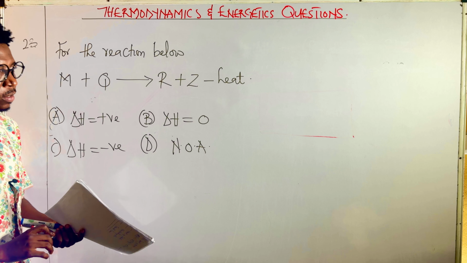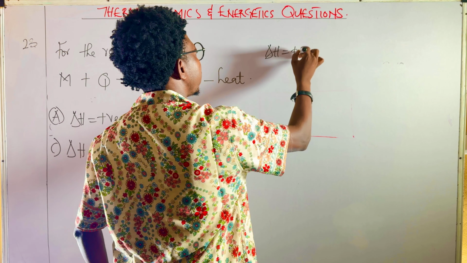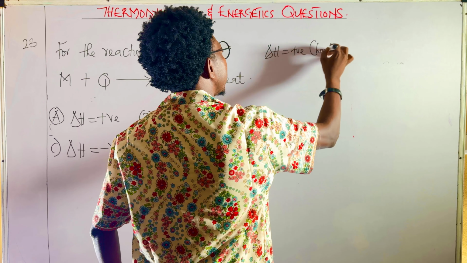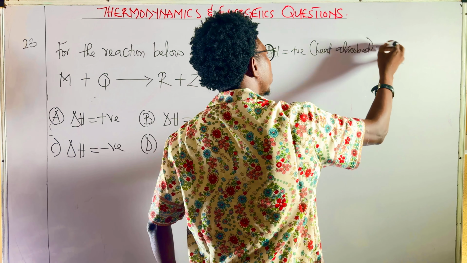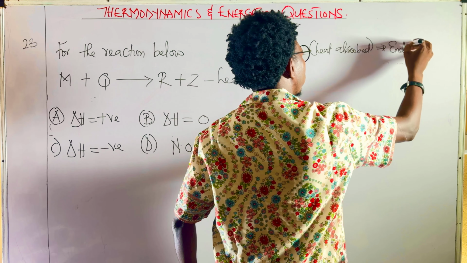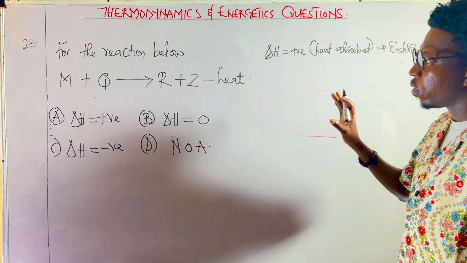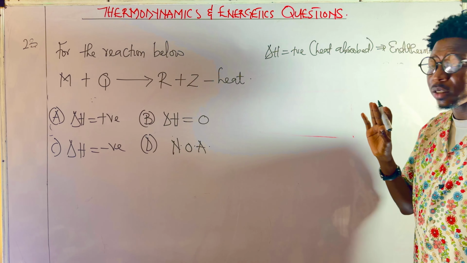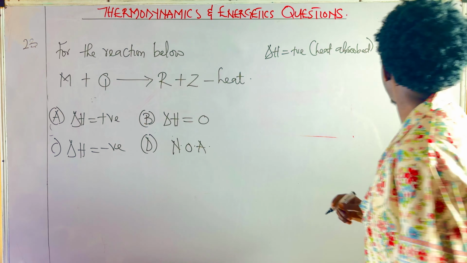Like I said, if our delta H is positive, the reaction is endothermic. Like I always say, if I were you, I'll pause this question and answer it myself, then play again to see if I am correct.